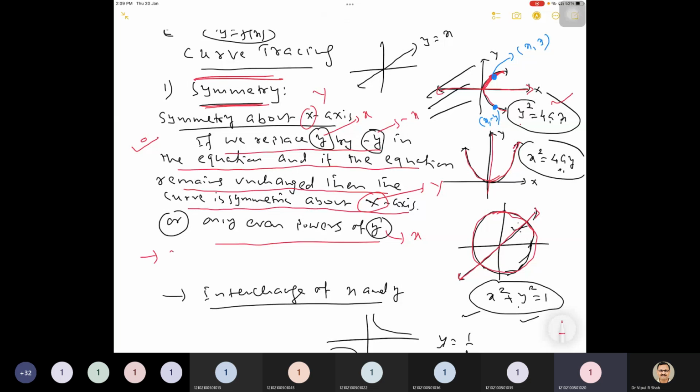Okay. Now write symmetry about the line y equal to x.